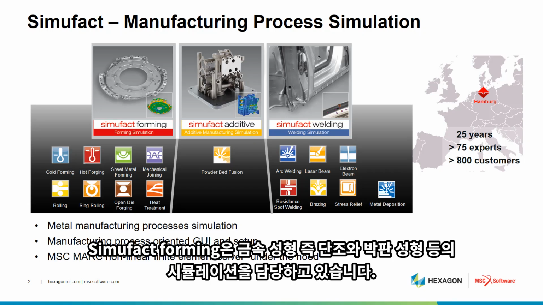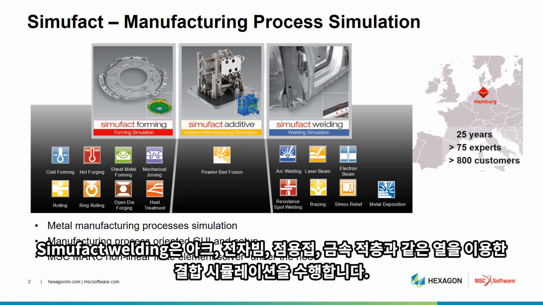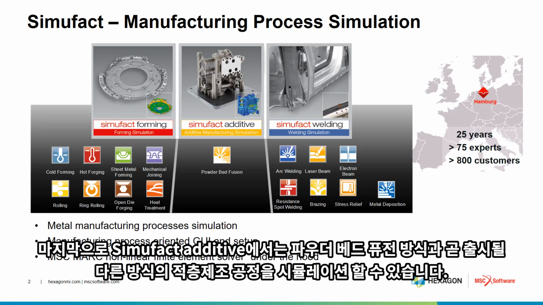Simufact Forming, which covers metal forming, hot forging, sheet forming, and similar. Simufact Welding, that covers thermal joining, including arc, laser, electron beam, spot welding, as well as metal deposition. And finally, Simufact Additive, which focuses on powder bed fusion and soon other types of additive manufacturing processes as well.